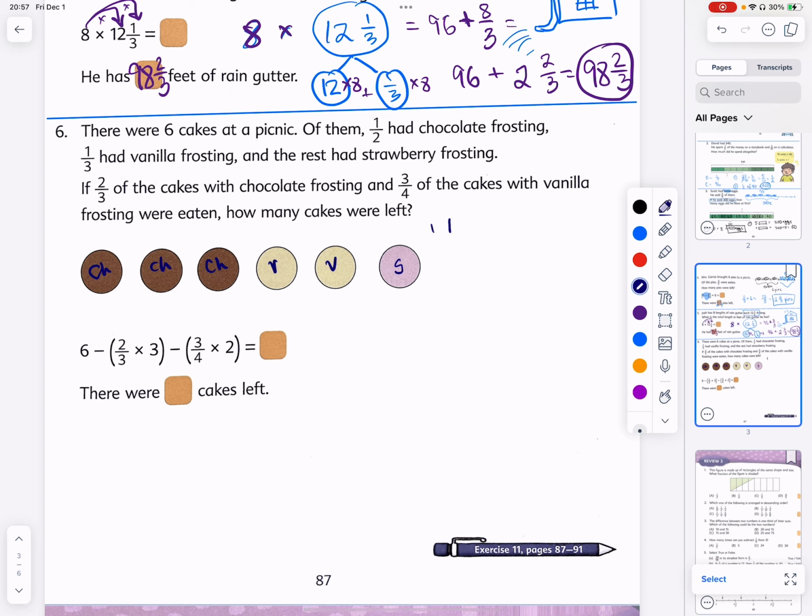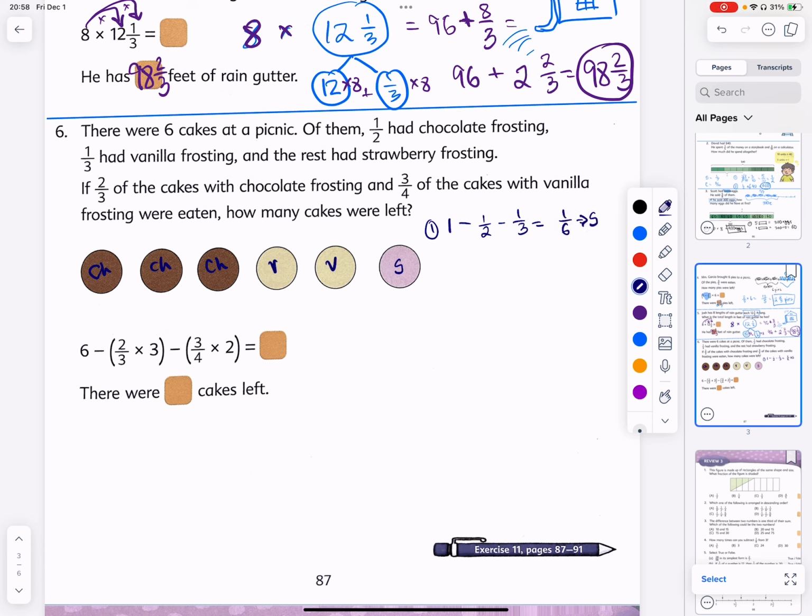Which means 1 whole. This is step 1. 1 minus 1/2 and minus 1/3 gives us 1/6, and that's for strawberry.